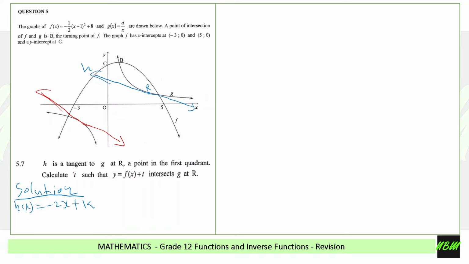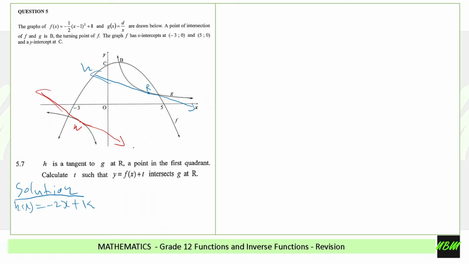But now, there is a reason why in this question specifically they said a point in the first quadrant. It is because h, being the tangent to the graph of g, can be a tangent at 2 points. Here at point R and also at this point, let's call it point W. That is the other tangent that we can have where k is equal to minus 8.